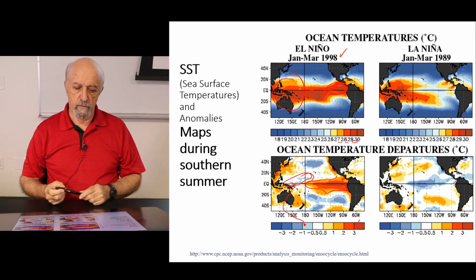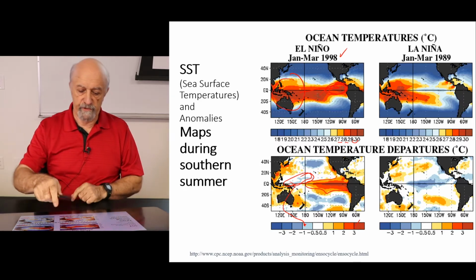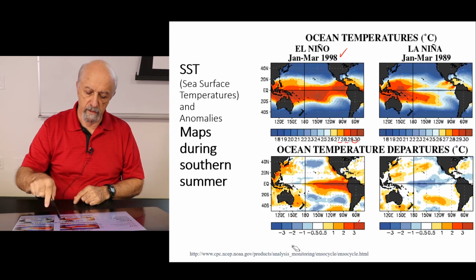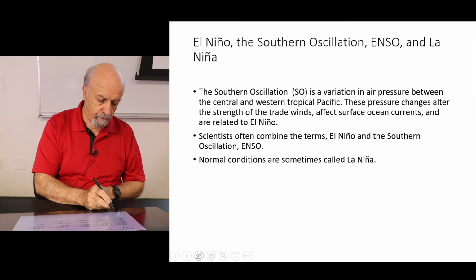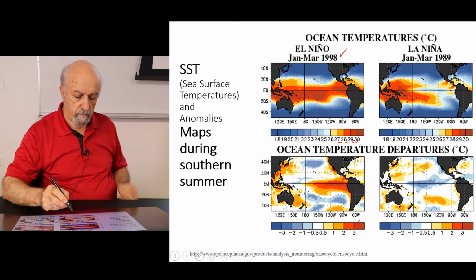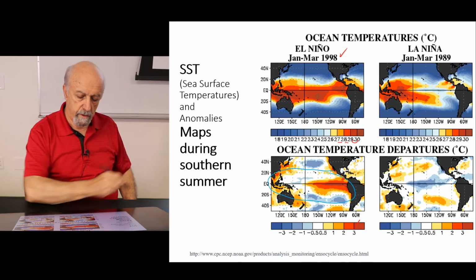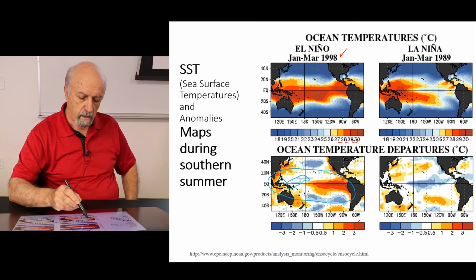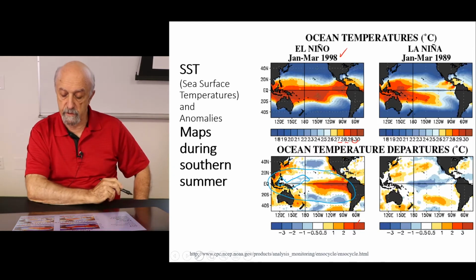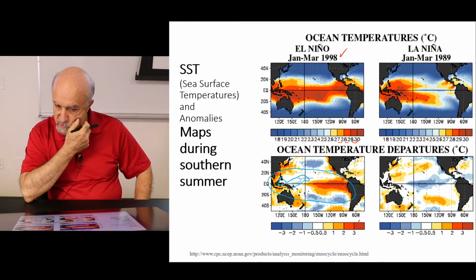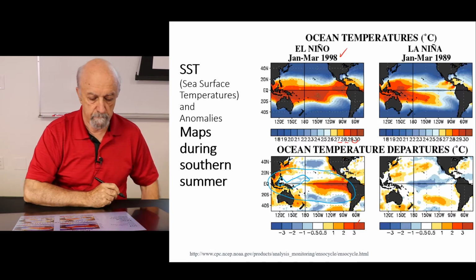So, consequences of El Niño are not just what happened on the South American coast, but it's also affecting the whole area here. Australia and the Indonesian islands are greatly affected. So we're going to see about that.